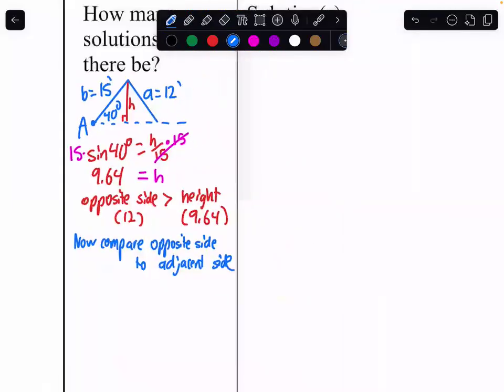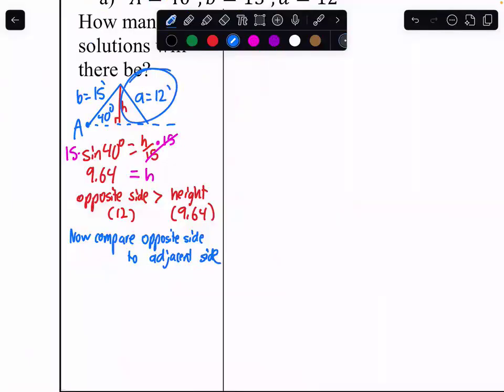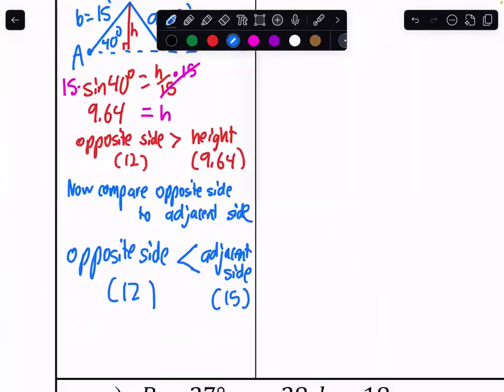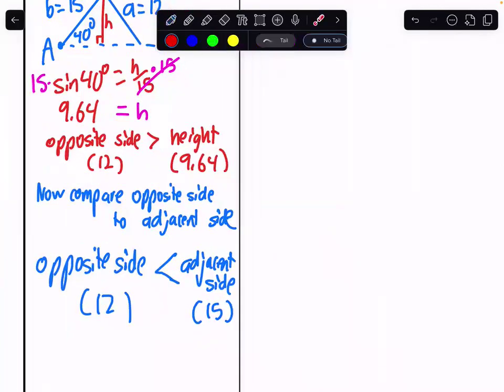The opposite side of the given angle is still 12. The adjacent side is 15. So 15 is bigger than 12. Now let's look at the flow chart to see what this means.